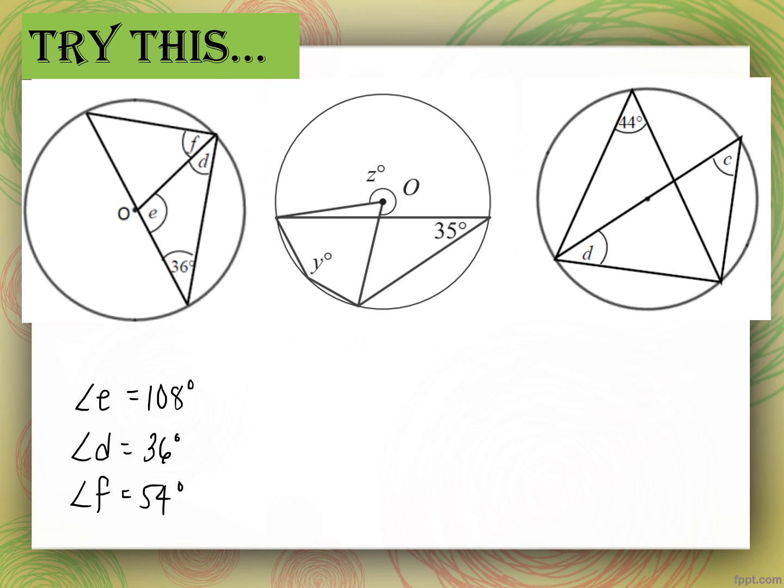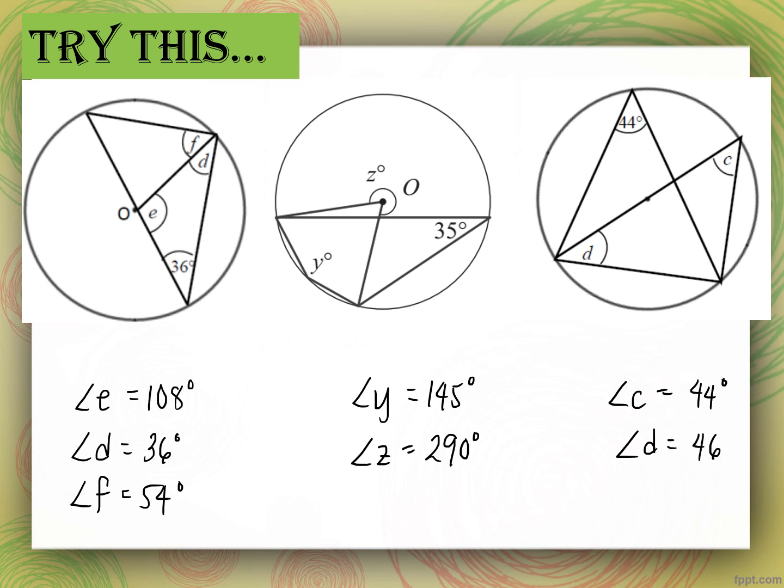For the second circle, angle Y is 145 degrees, and then angle Z is 290 degrees. Then for the last circle, you have angle C is 44 degrees, and angle D is 46 degrees.